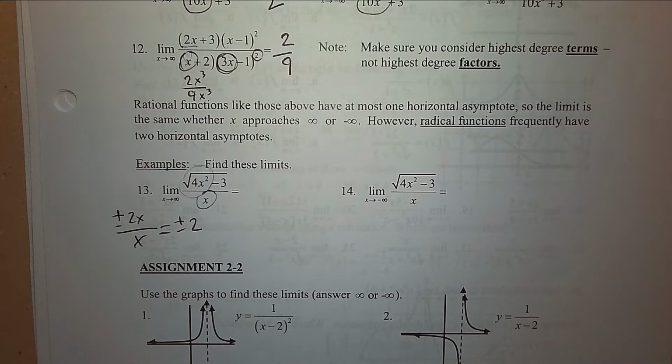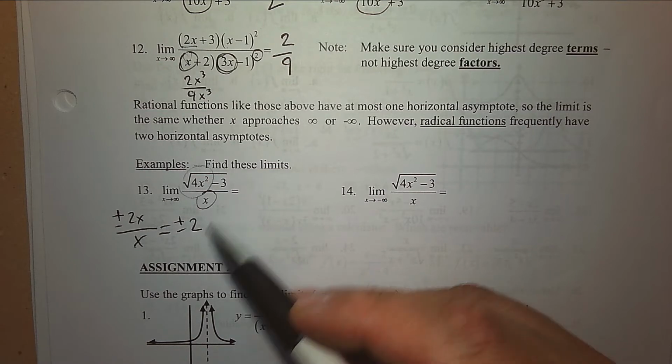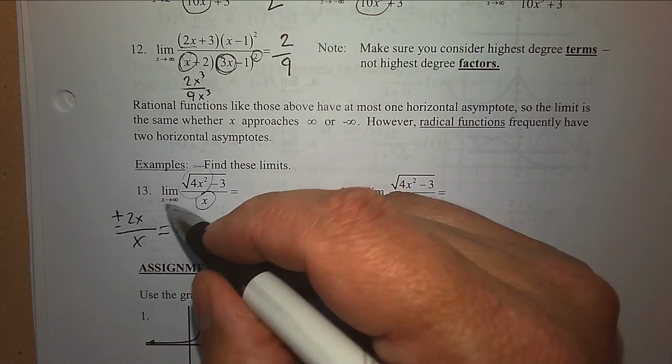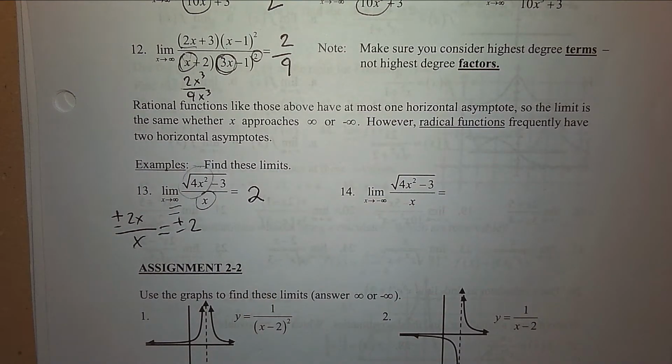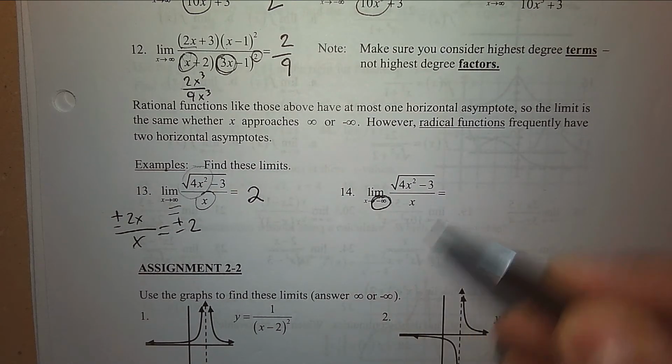And the question is, as you put in larger positive numbers, is it getting closer to positive 2 or negative 2? So as this goes to infinity, it's going closer to positive 2. If you plugged in 10 or 100 or 1,000, the answer is getting closer to positive 2. What happens if you go the other direction, from negative infinity?